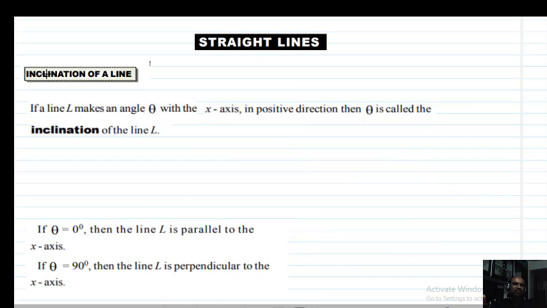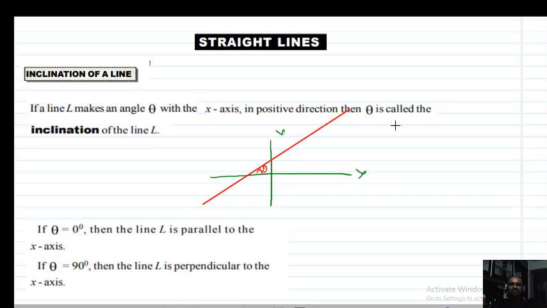Okay students, here I wrote the definition. If L makes an angle theta with the x-axis in the positive direction, then theta is called the inclination of the line L. I want to draw a simple diagram for that. So this is the x-axis, this is the y-axis. Students, this is the line. So this is theta.